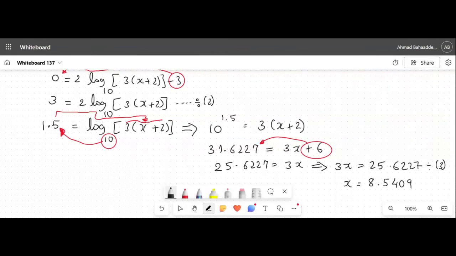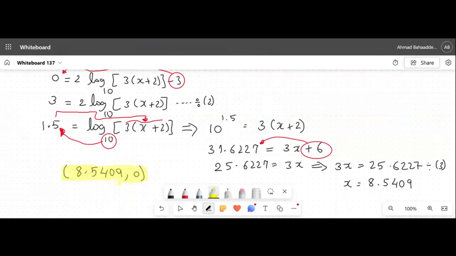So here, the x-intercept in this situation is actually 8.5409. Let me just write it down in a nicer way. And of course, y is 0. This is the x-intercept. We got the x-intercept here, guys. Do you see that? That's the x-intercept here.